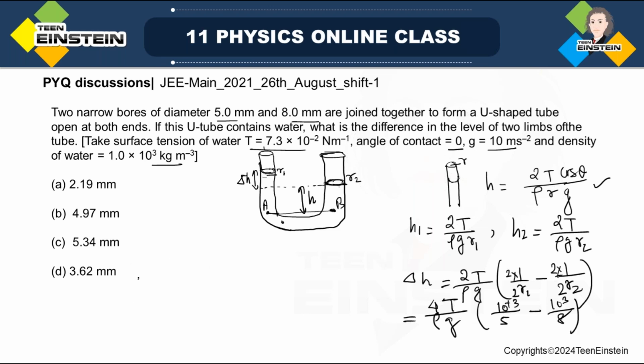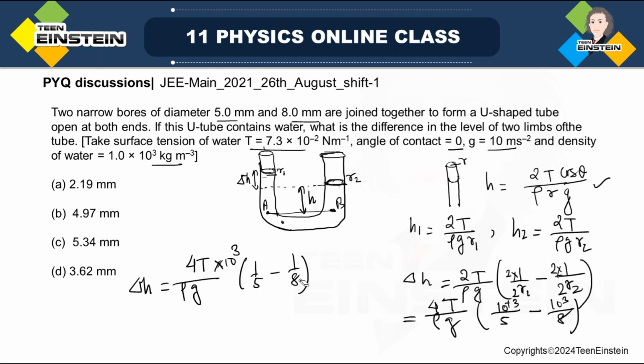So delta h is equal to 4T divided by rho g into 10 to the power 3 here. You have to do this LCM. So this will give you 3 by 40, that is 8 minus 5, and in the denominator there will be 40.